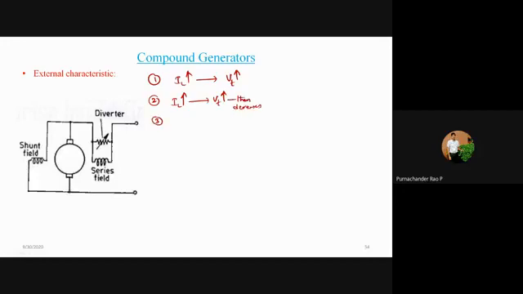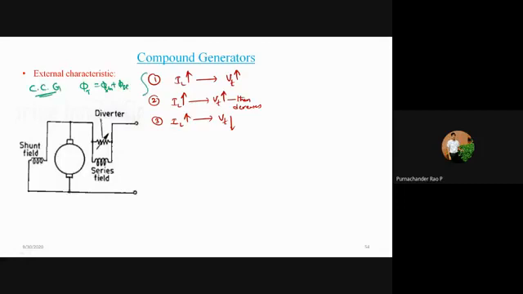And the third case, IL increases, then your terminal voltage goes on decreasing. And this is a case only for the cumulatively compounded machines, because phi t is equal to phi sh plus phi se. This is for cumulatively compound generators.